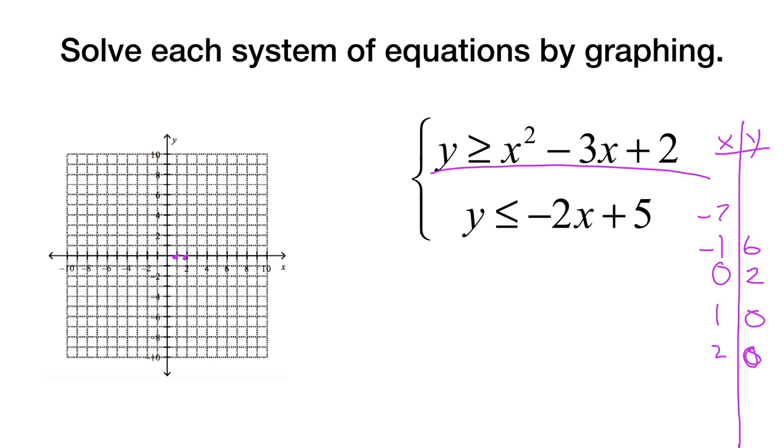And then at negative 2, 4 plus 6 plus 2 is 12. Negative 3, 9 plus 9 is 18, plus 2 is 20. So, 3 is going to end up being 2, 4 is going to end up being 6, 5, 12, and that's probably enough.